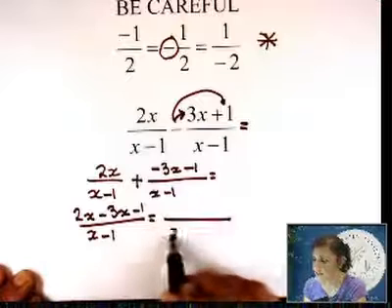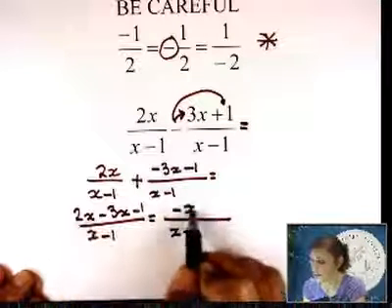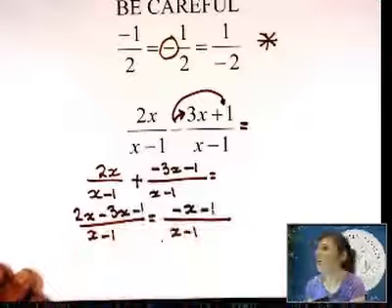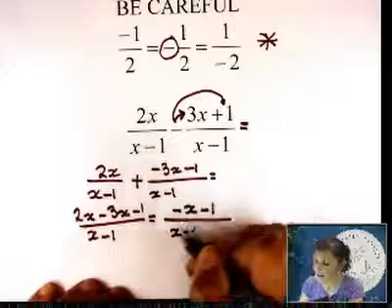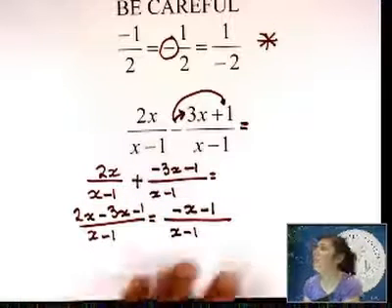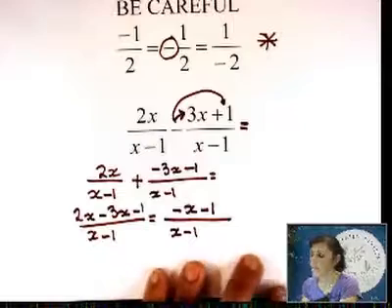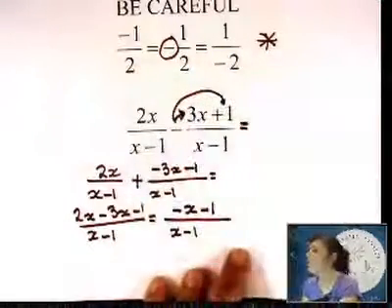Then x minus 1 is going to be at the bottom. 2 minus 3, that's negative 1, and negative 1 here. Do you see it? Remember, I cannot cross these out. This is as far as you can go. So make sure that when you work the negative in, you work it onto both terms.